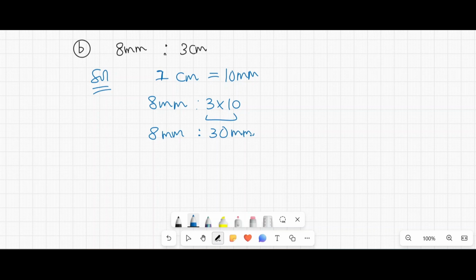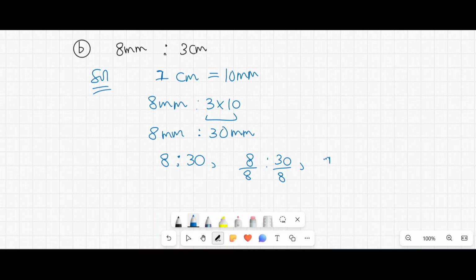If you multiply both sides with 3, you will get 3 centimeter equals 30 millimeter. So simple as that. Now the units are the same, so we will not write the units. Now divide both sides with 8.